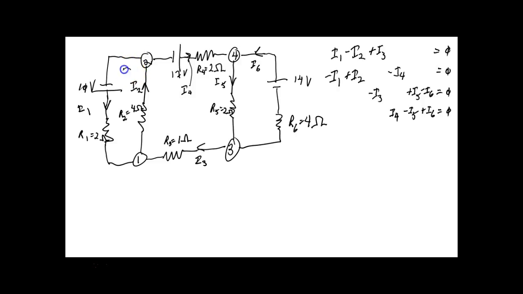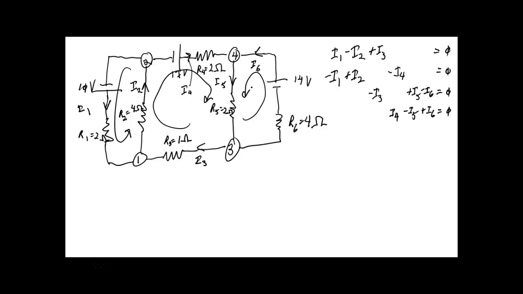That looks pretty reasonable to have it going in that direction, doesn't it? Because there's your 10 volts positive. Over here, you just have 1 voltage thing there, so let's go that loop that way. And over here, it looks like it's going that way.